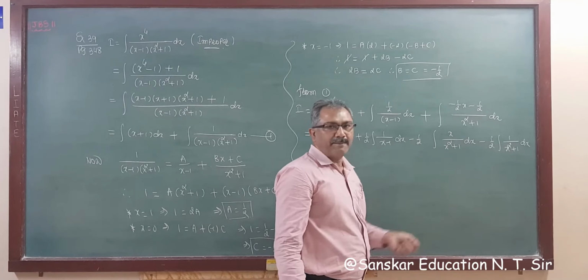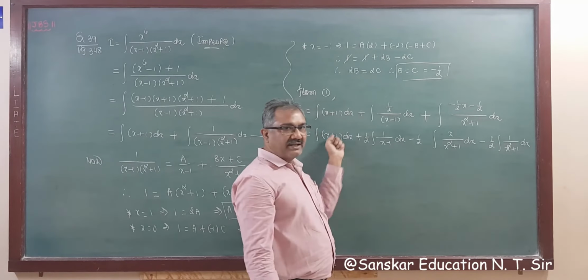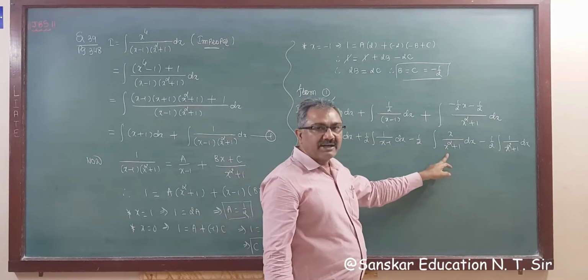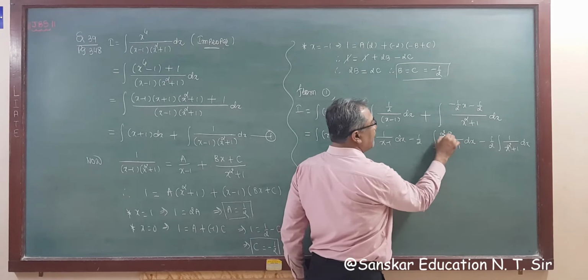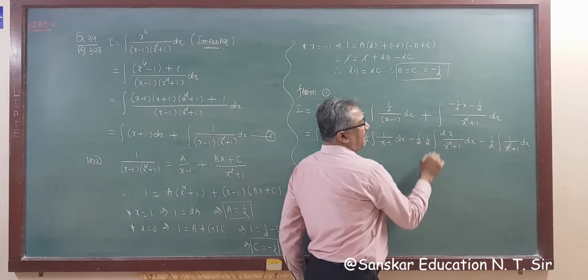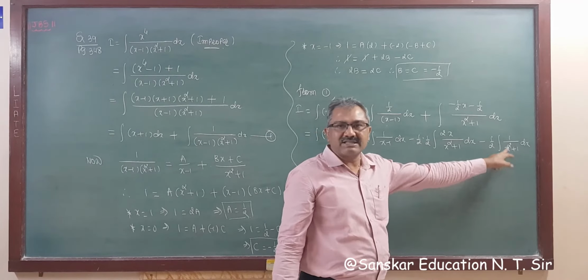So bifurcating this, now this is integrable, this is integrable. Now here the derivative of the denominator is twice x, and here only x, so divide and multiply by 2. And this is a standard formula, x square plus a square.